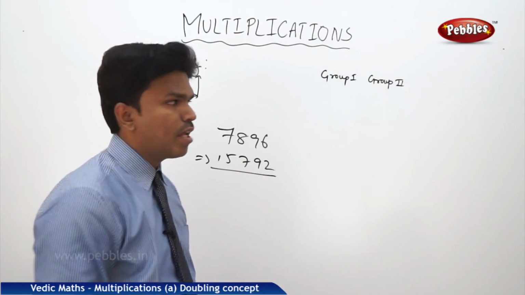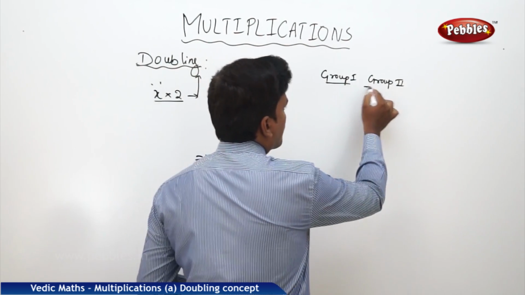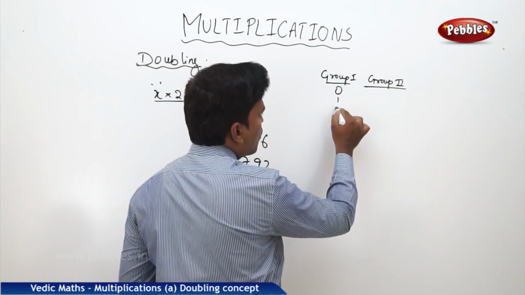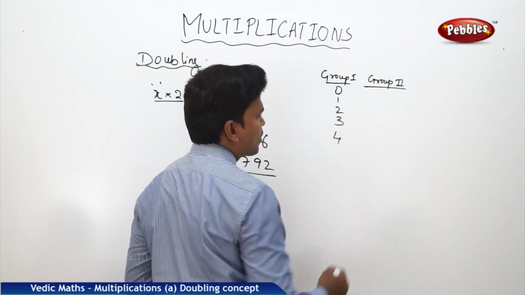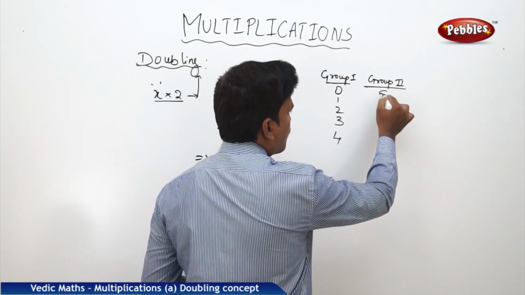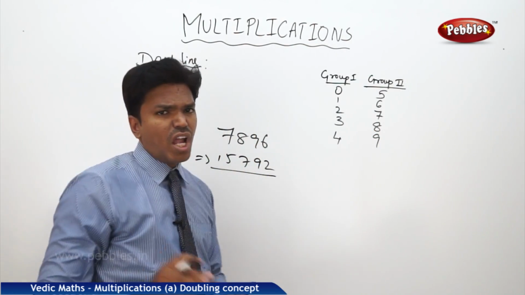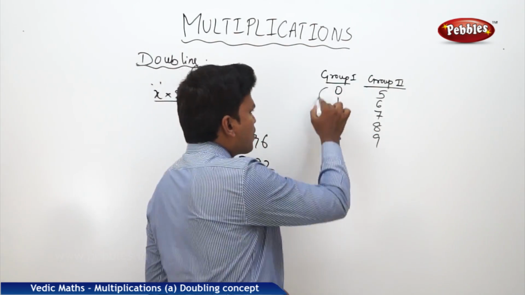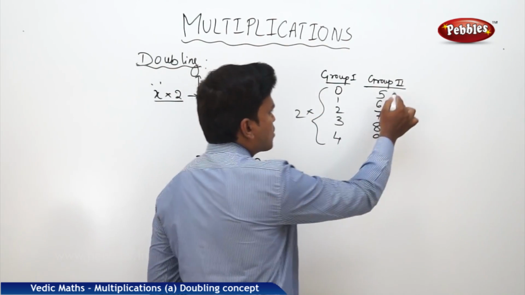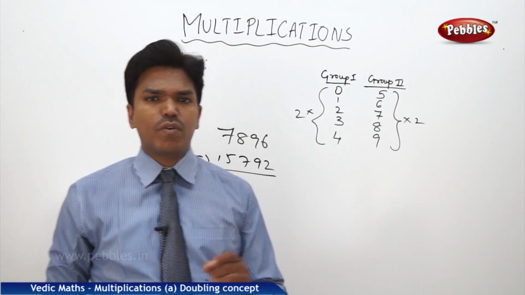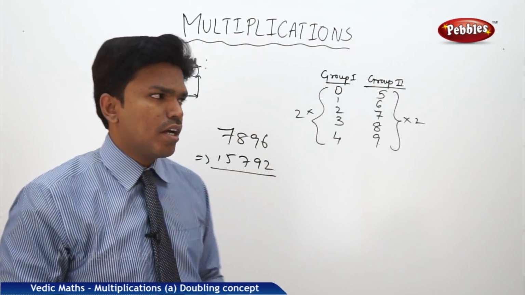How? Let us see. There are two groups of numbers. In group 1 we have 0, 1, 2, 3, 4, whereas in group 2 we have 5, 6, 7, 8, 9. Now suppose I multiply the group 1 numbers as well as the group 2 numbers by 2. What is the difference you will find in these results?